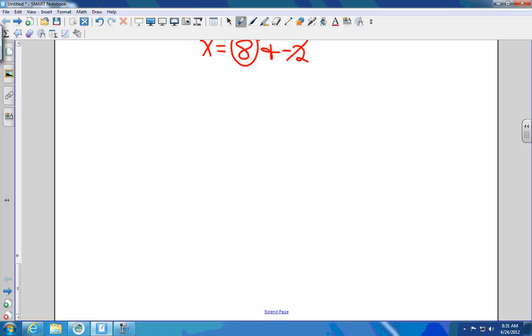Log base 8 of x plus log base 8 of x minus 12 equals 2 again.